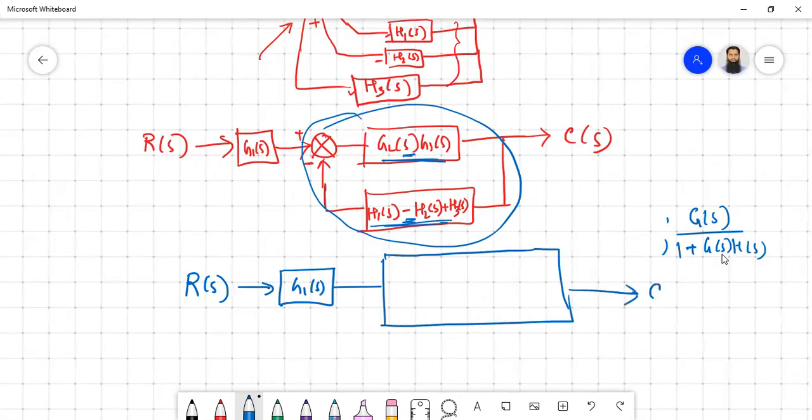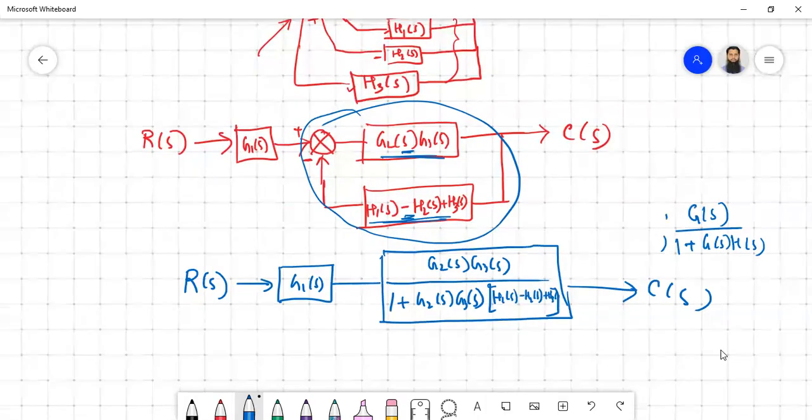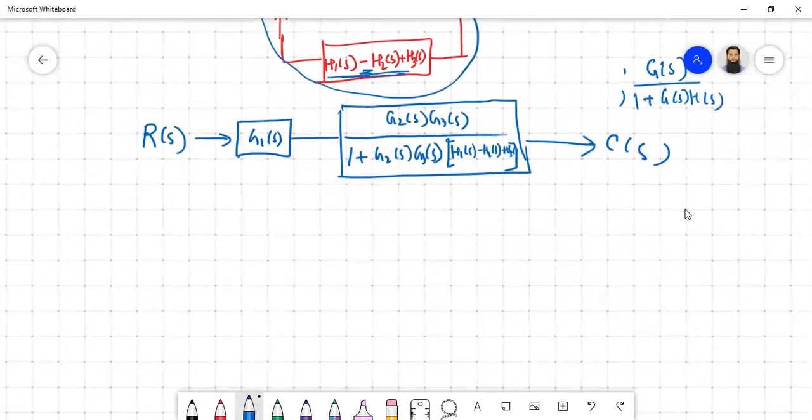Say this is your C of S, and the forward path gain is G2S G3S, divided by 1 plus forward path gain G2S G3S into feedback gain, that is H1S minus H2S plus H3S. Now the next familiar form that we get is a cascade, so just multiply together.